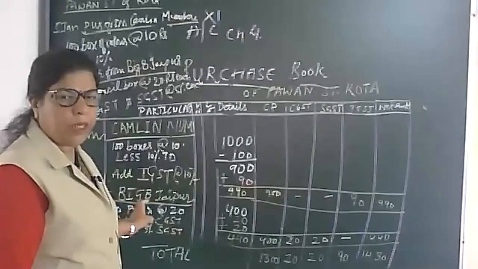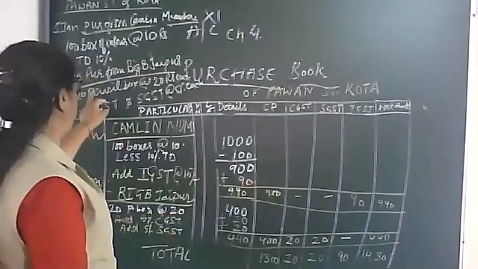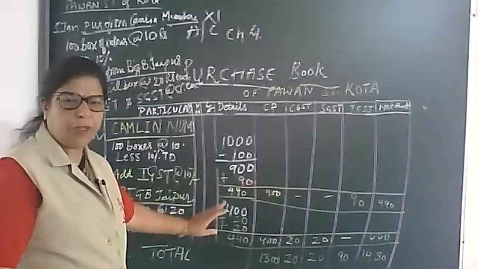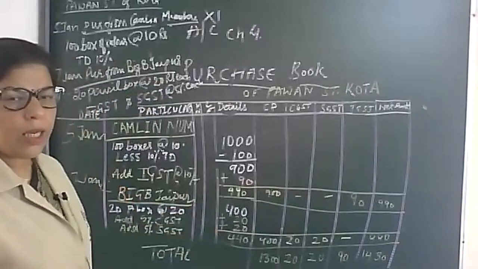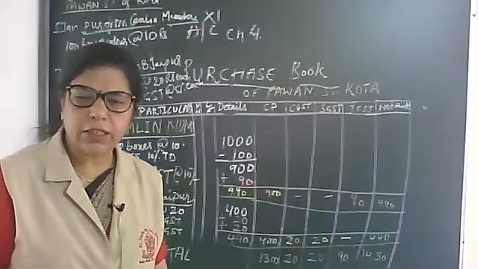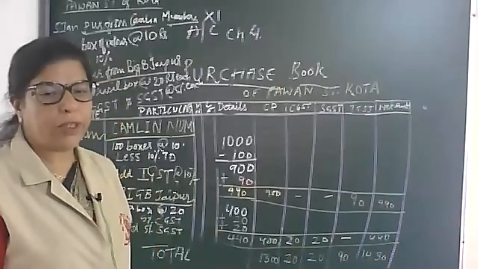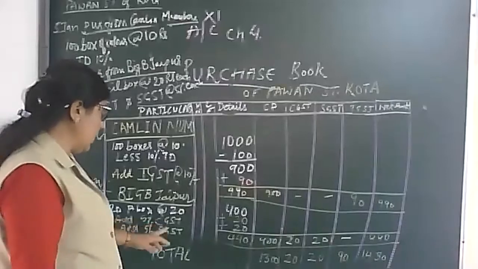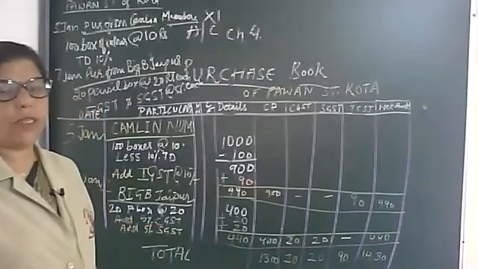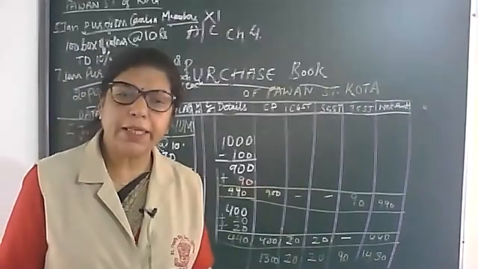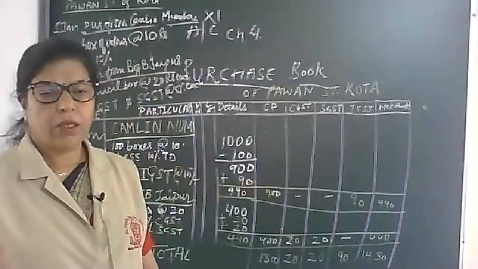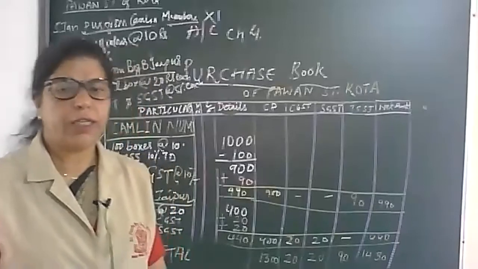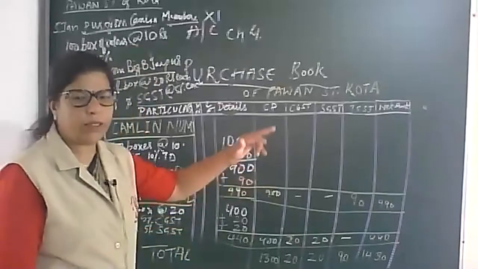Then next, big B, Jaipur, 20 pencil boxes, 20 rupees each, that will be 400. Now this is a transaction between Jaipur and Kota. So 5% CGST and SGST both are applicable because they are dealing in the same state, Rajasthan, Jaipur and Kota.